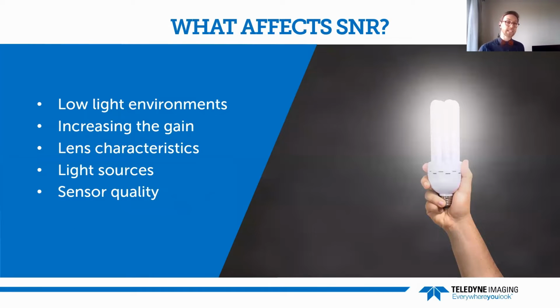The things that can affect this include not having enough light, increasing gain, lens characteristics such as having too small of an aperture, or not having the right light source, whether it be LED or tungsten, or sensor quality.